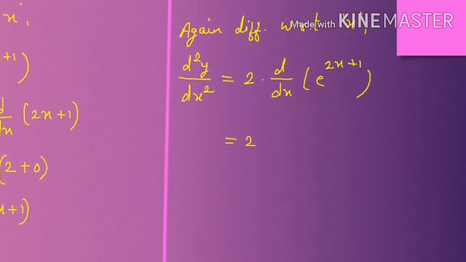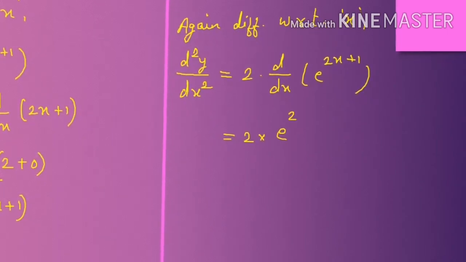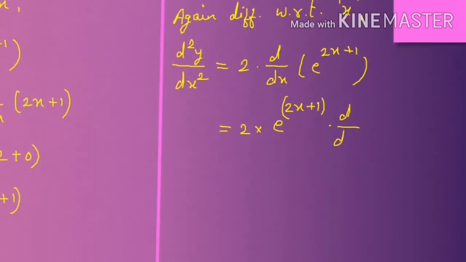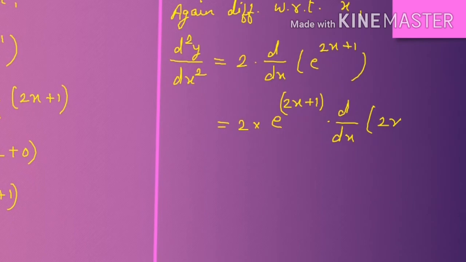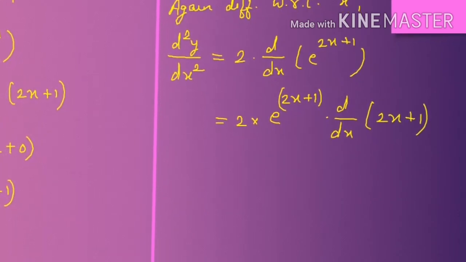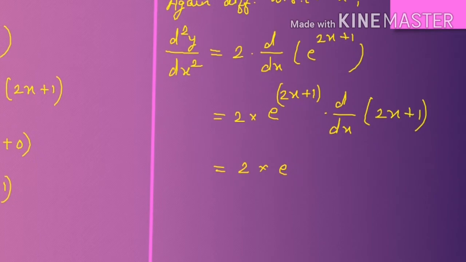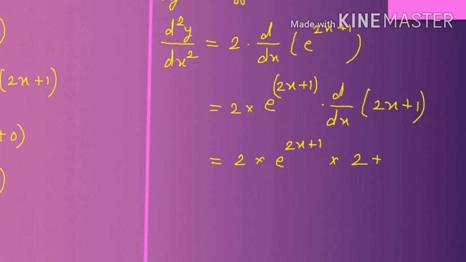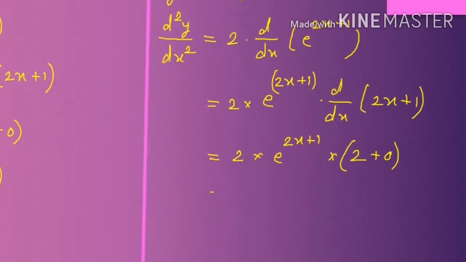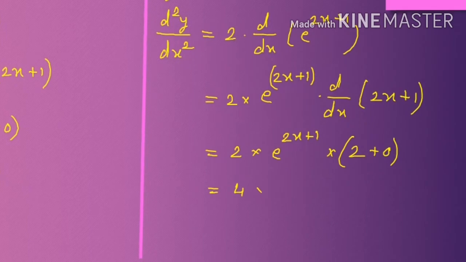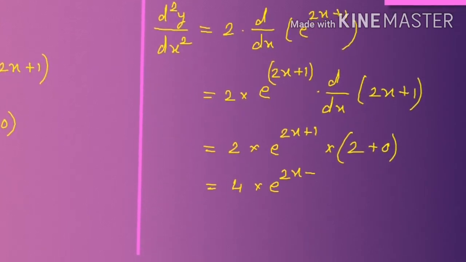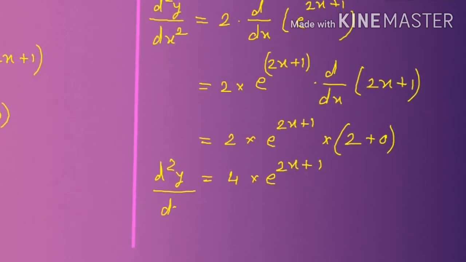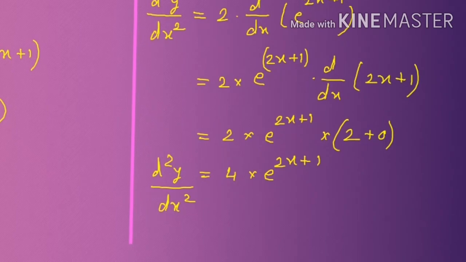So that is 2 into again e raised to 2x plus 1 into d dx of 2x plus 1. So that is 2 into e raised to 2x plus 1 into 2 plus 0. So you get 4 into e raised to 2x plus 1. This is your d square y upon dx square. This is your answer.